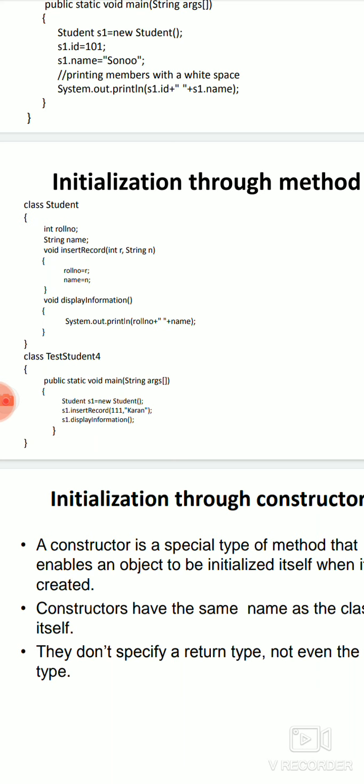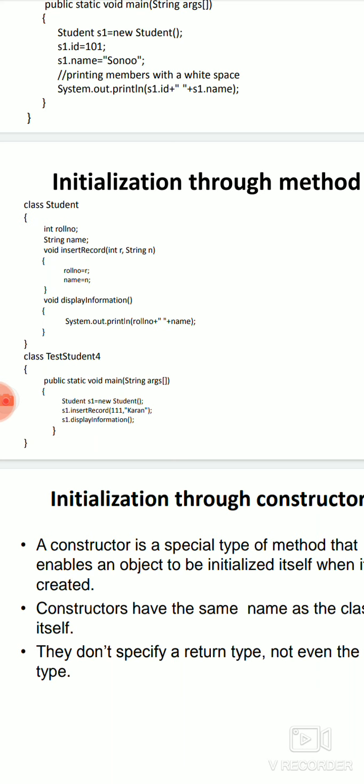Otherwise it is as simple as declaring int length. What is the meaning? Int length means length is a variable of the type integer. Very similarly, if you simply write student s1, s1 is an object of the type student.